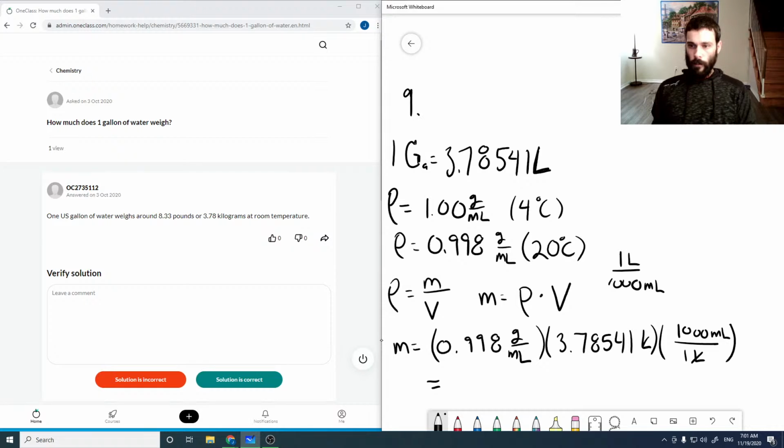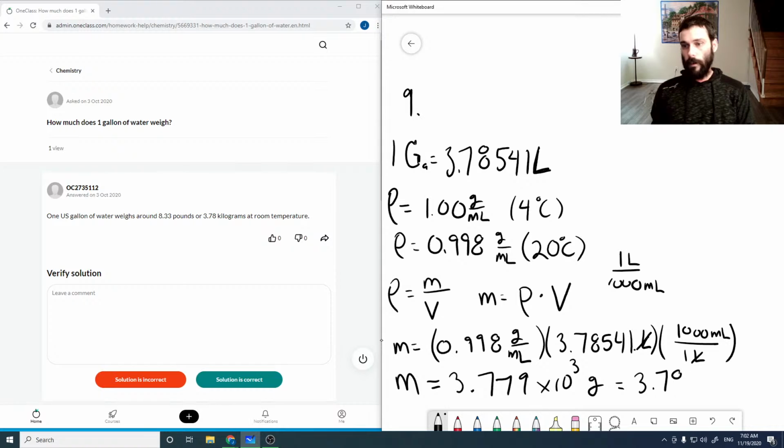And so running through this multiplication, 1,000 times this times 0.998, then our mass comes out to be 3.779 times 10 to the 3 grams, which is the same as 3.78 kilograms.